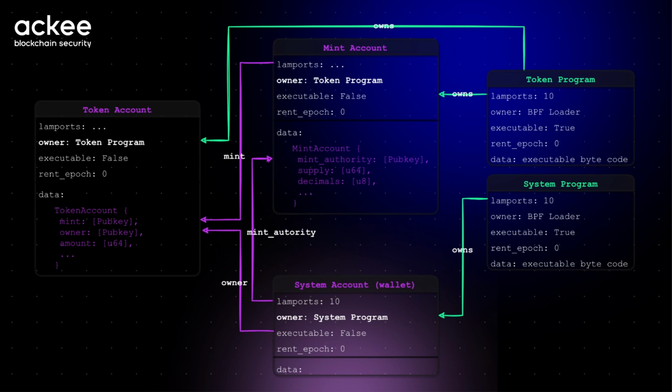So the associated token account is basically, it is really simple, guys, the token account, as you can see here. It is the same, but the difference is in the address of the token account and the associated token account. Because the associated token account has its address deterministically derived, the address is a PDA, deterministically derived from the mint field and from the owner field.